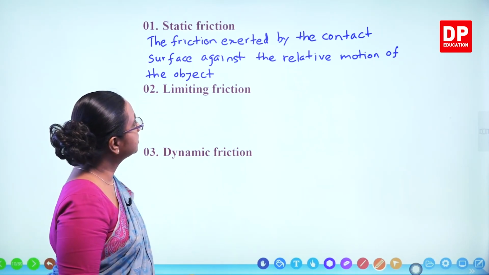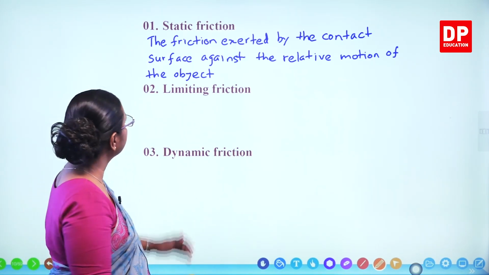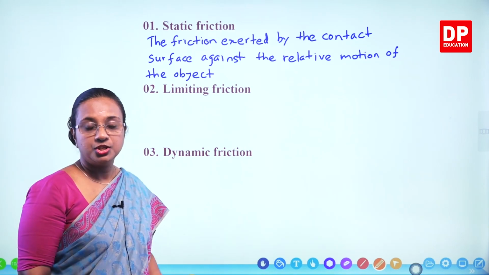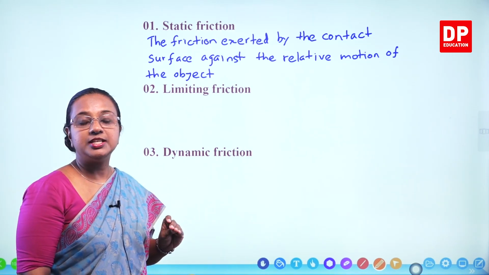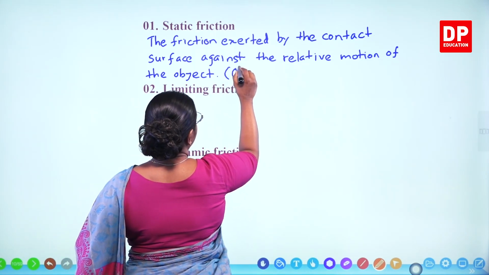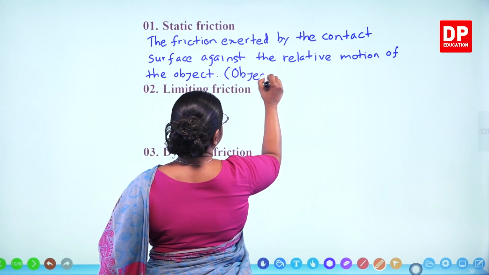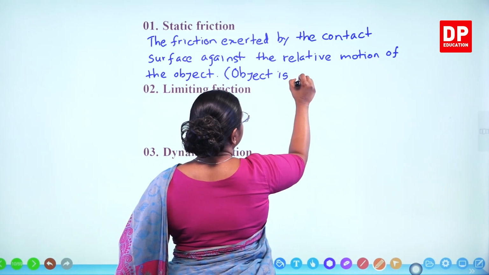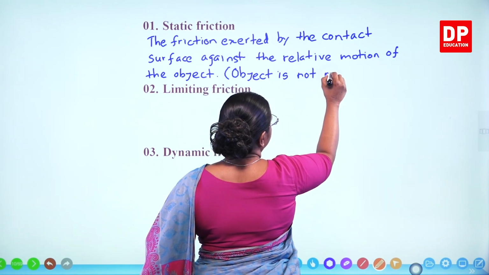This is the friction known as static friction, when the object is not moving.